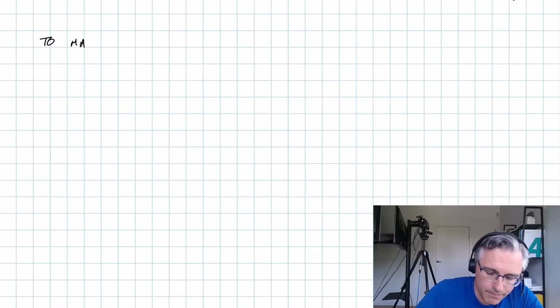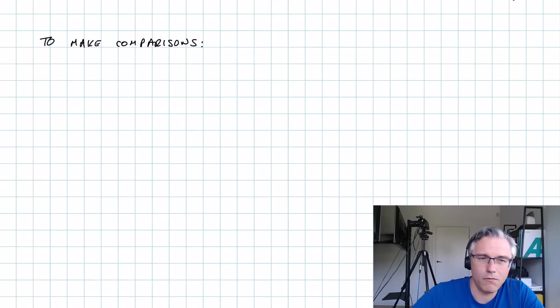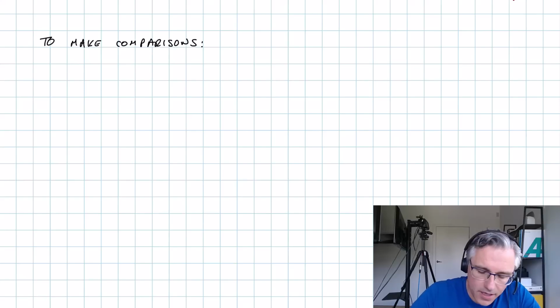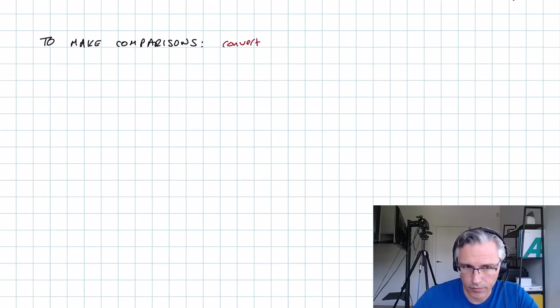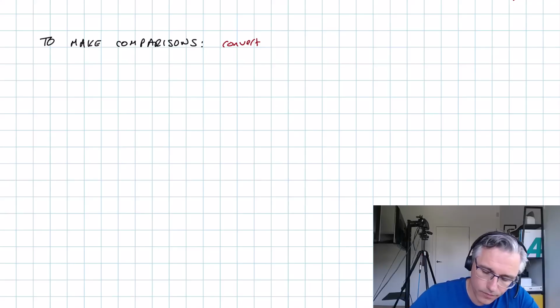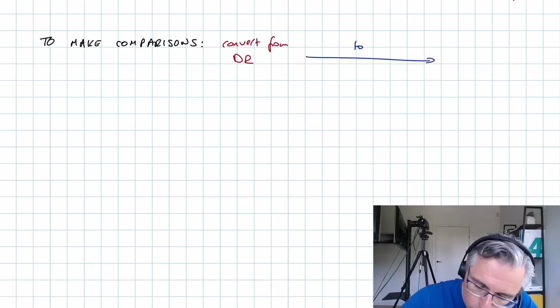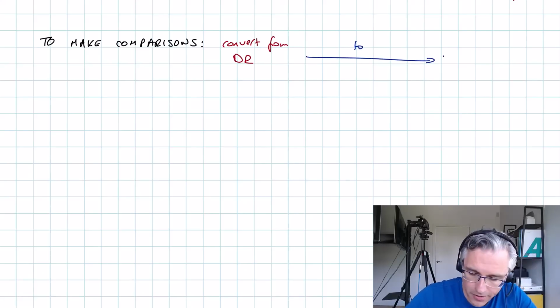To make comparisons, what we need to do is in a way standardize the whole computation. And what we do is we take anything computed under the DR approach, the discount rate approach, so convert from DR to AOR.